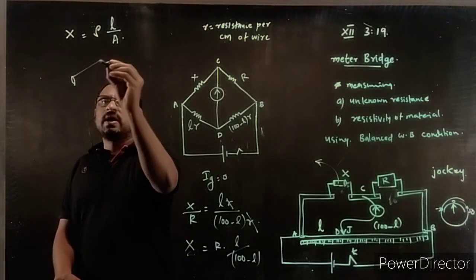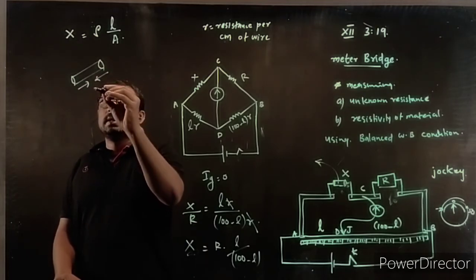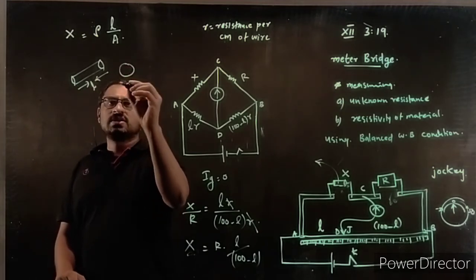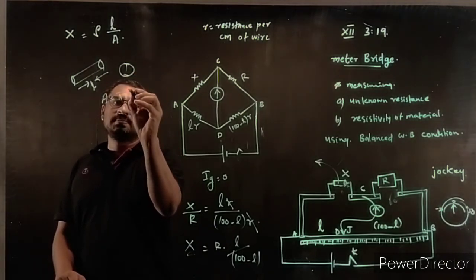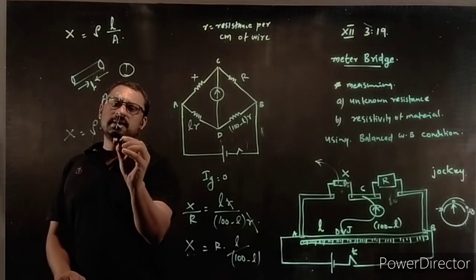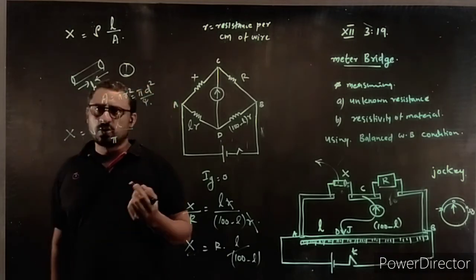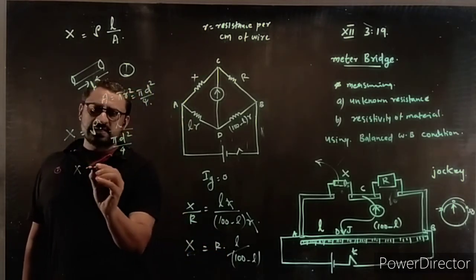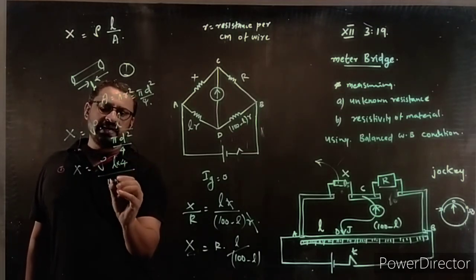Now suppose this is the wire. Using a scale or more accurate devices you can measure the length, and it has a circular cross section. Using a screw gauge you can measure the diameter, and the area will be pi r square. Since the screw gauge gives the diameter directly, X is equal to rho L divided by pi d square by 4, which means X is equal to rho L into 4 by pi d square.